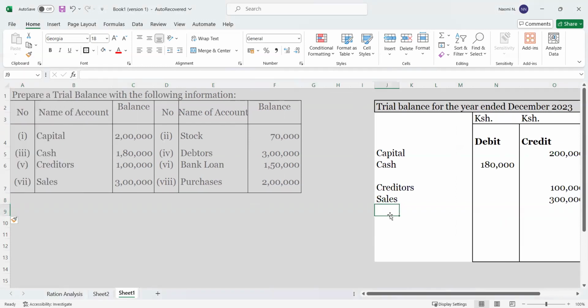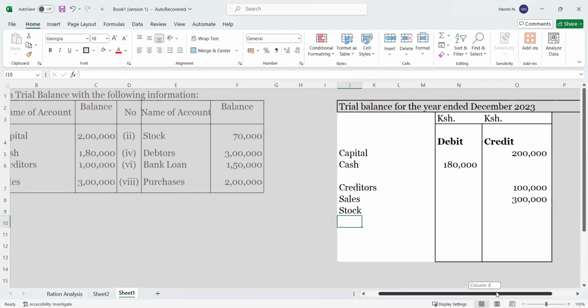So we have here stock. By the way, is stock a debit or a credit? Yes, it has a debit. Okay, 70.